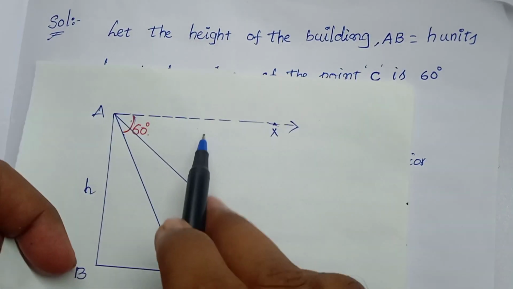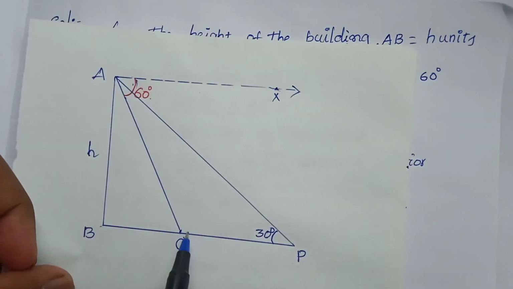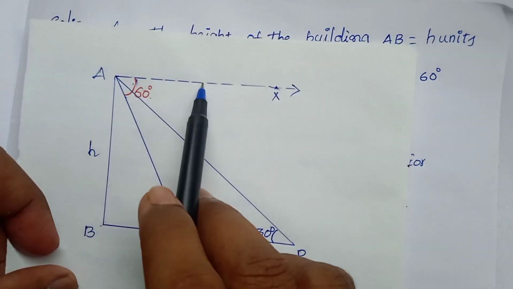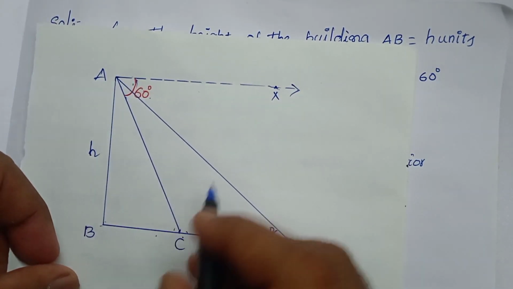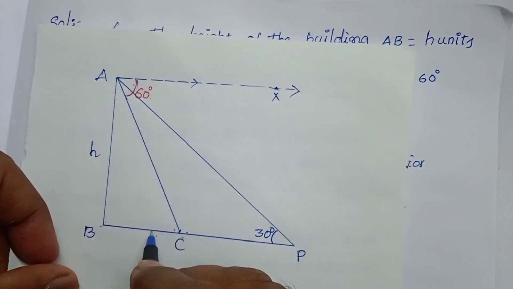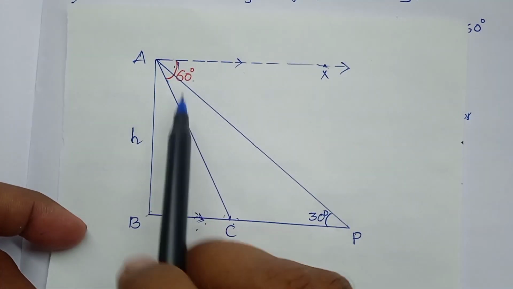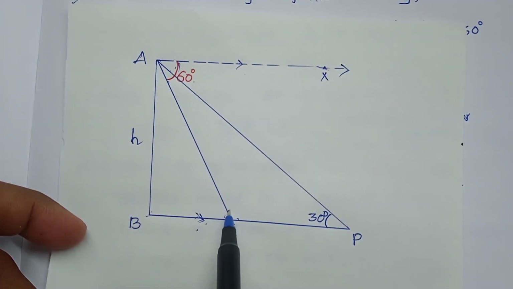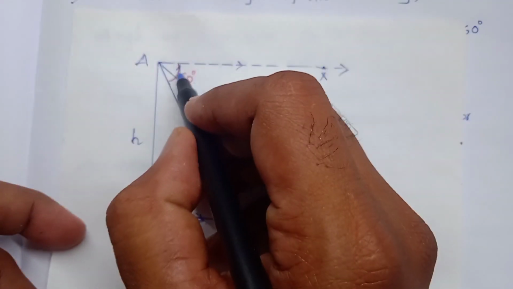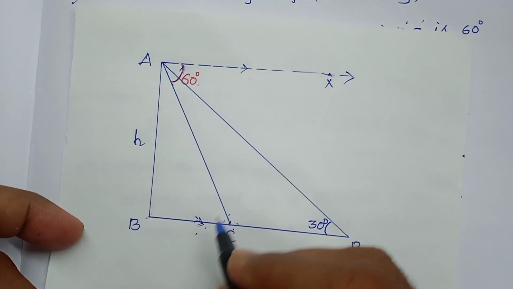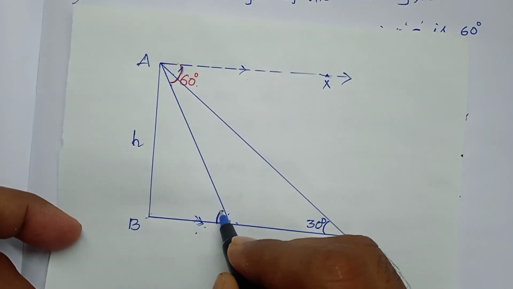Then AX and BC are two parallel lines. Since they are parallel to each other, AC is the transversal, so we can say this angle and this one are both equal.